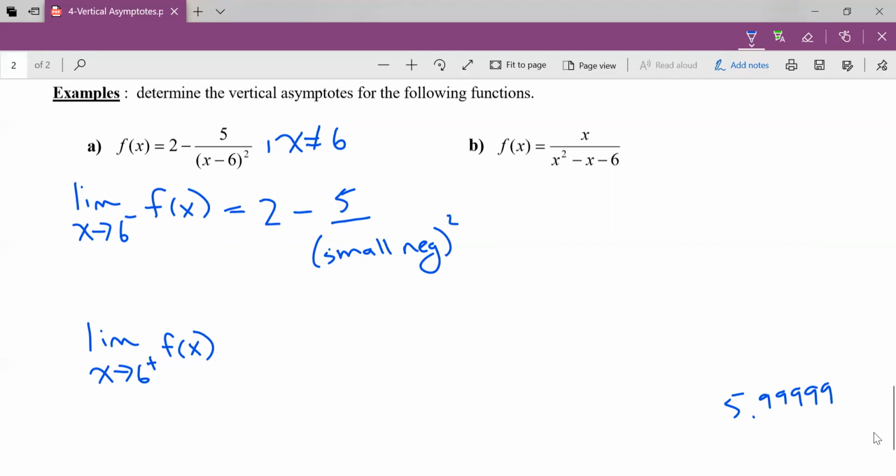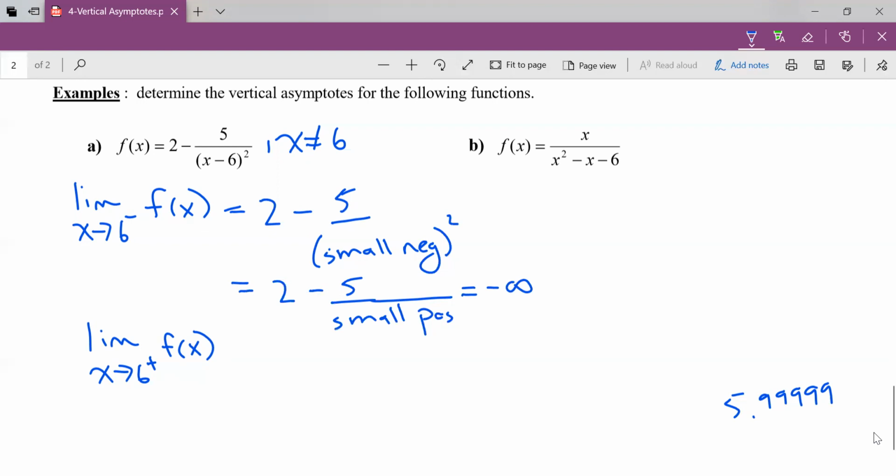A really small negative number squared would make it a really small positive number. So now I've got 2 minus 5 over a really small positive number. Well, what does that give me? Negative 5 divided by a really small number is going to give me negative infinity.